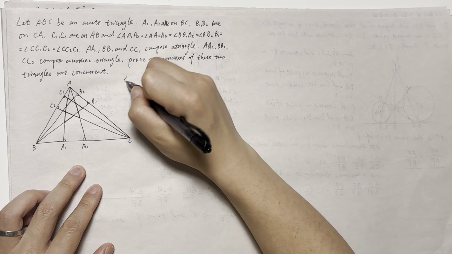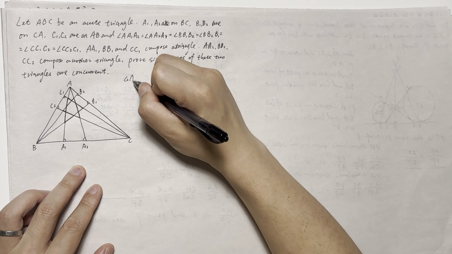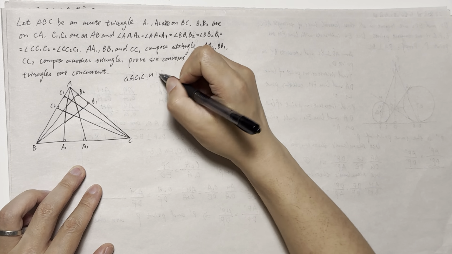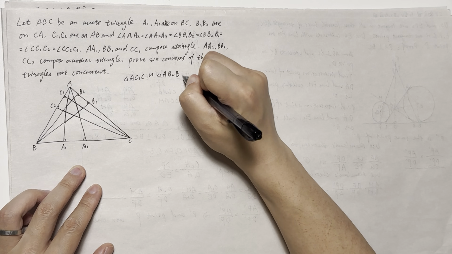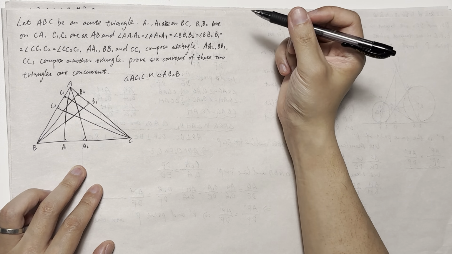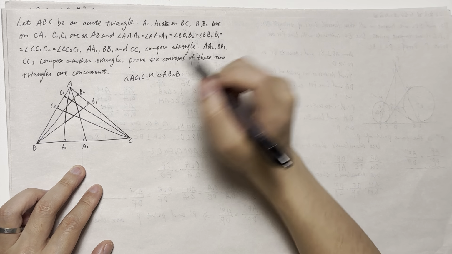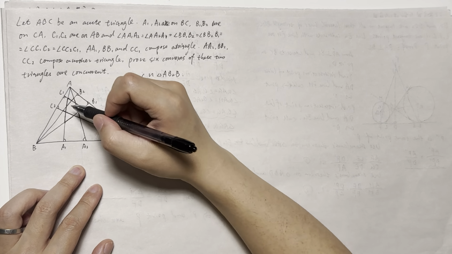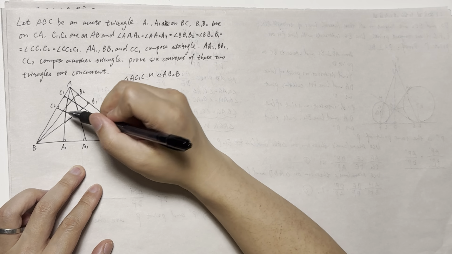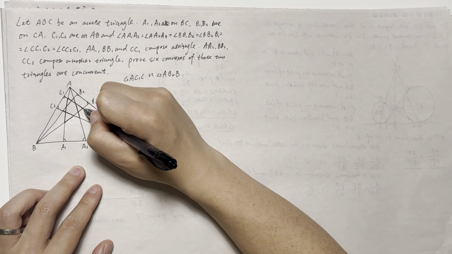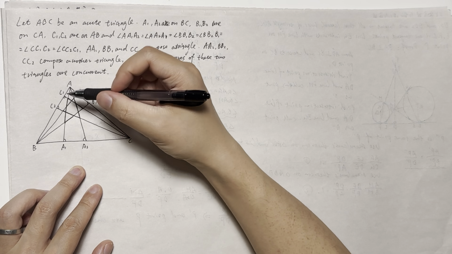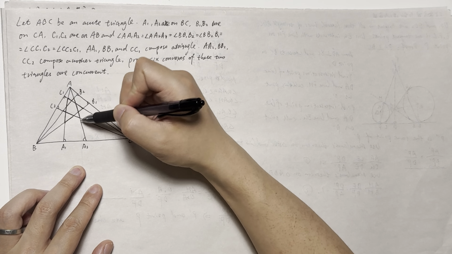That means the triangle AC1C is similar to triangle AB2B. So we have this triangle here, and we want to prove this point or this point are on the same circle of this triangle.